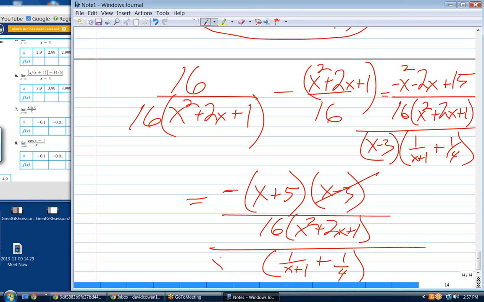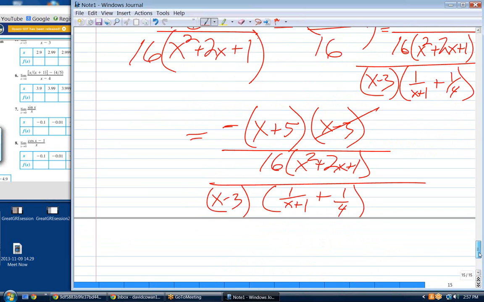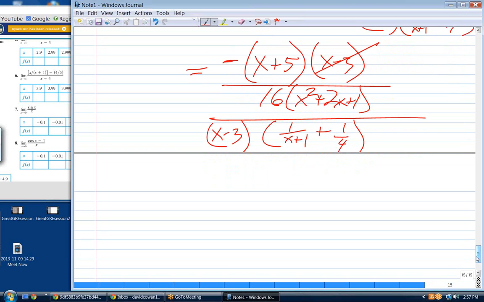Let me put that x minus 3 back in there for a moment. As long as you have a fraction made up of two fractions and the numerator is the same, you can't just cancel it.